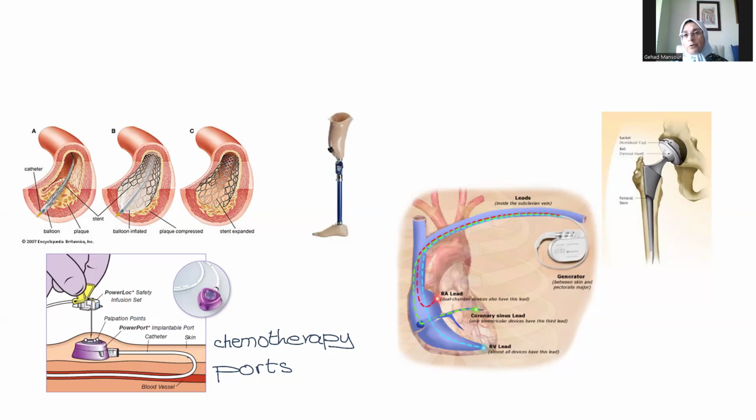I might ask you, why do we use a chemotherapy port? Of course, the first short answer is to deliver chemotherapy medication. But why wouldn't we deliver it the regular, easier way through direct intravenous injection? This is because sometimes the chemotherapy drug itself is irritating to the wall of the vein, so inflammation occurs in the wall of the vein.